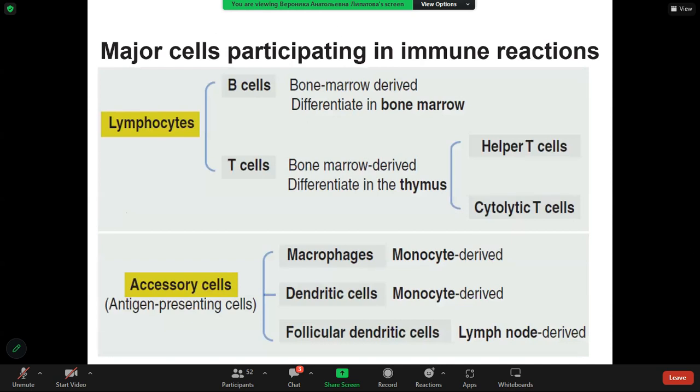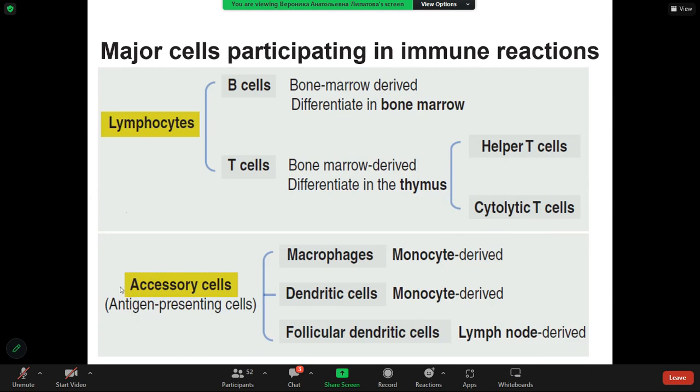The major cells participating in immune response and reaction: B lymphocyte, bone marrow derived, differentiates in bone marrow. T cell, bone marrow derived, differentiates in thymus. And the result of this differentiation is helper T cell and cytolytic or cytotoxic T cell.